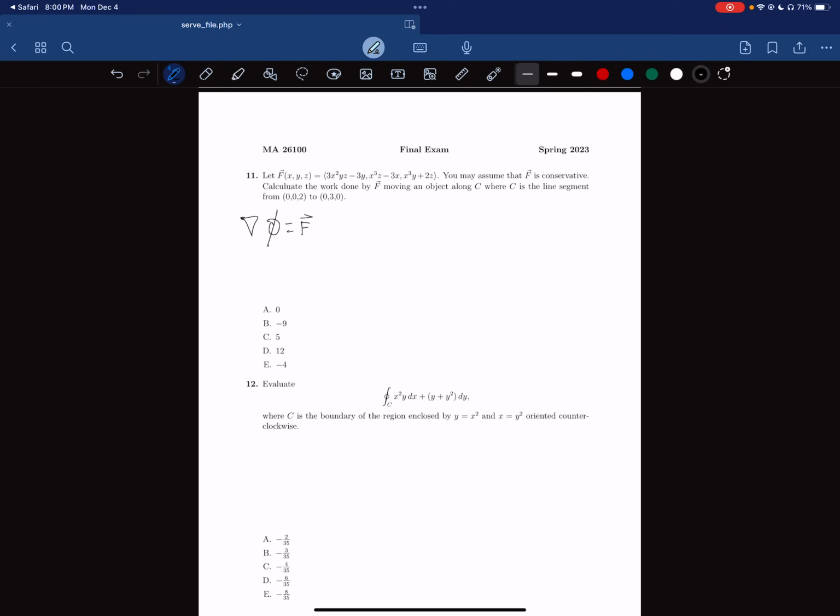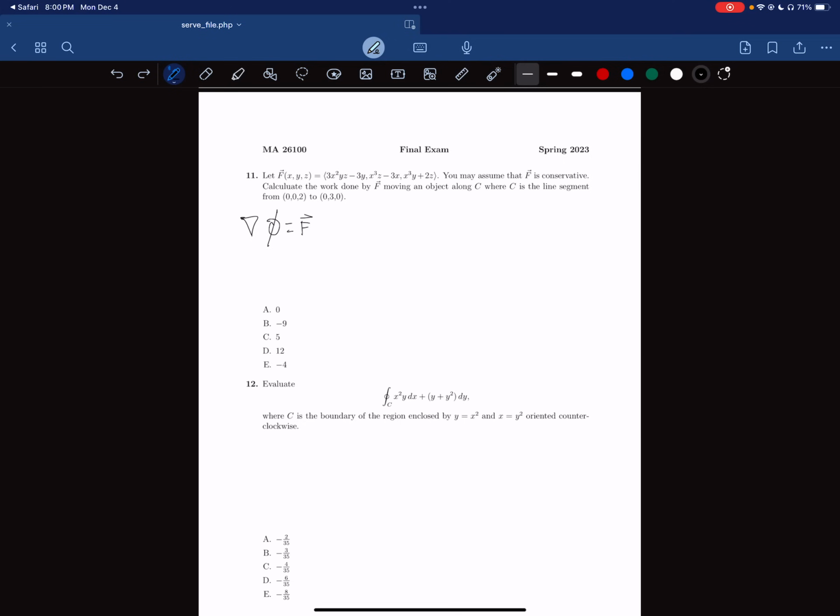And if we have the x, y, and z components of the F vector, we can integrate each of the components with respect to x, y, and z, and calculate the potential, and then plug in the top minus bottom. That is just the fundamental theorem of line integrals.